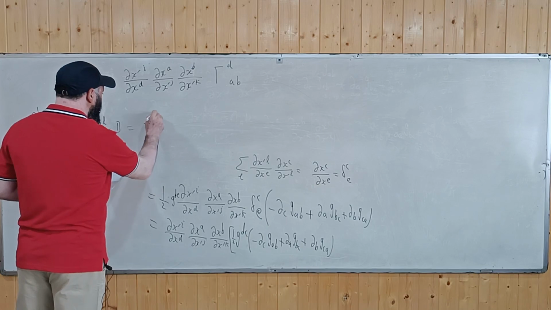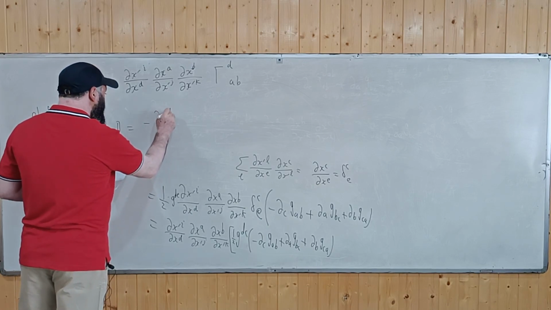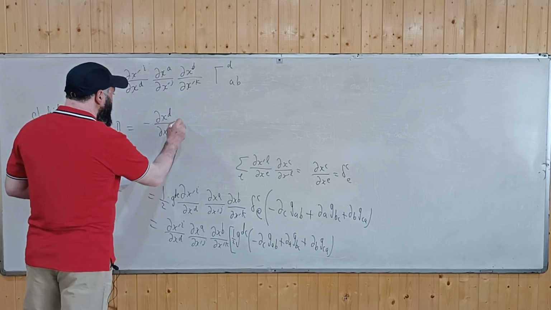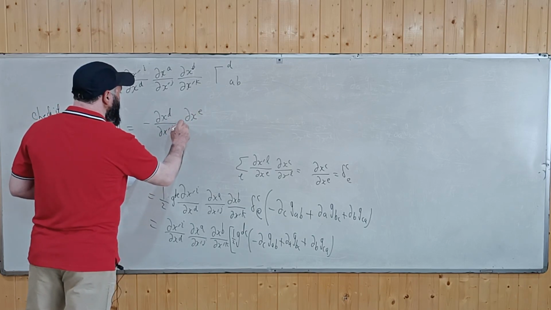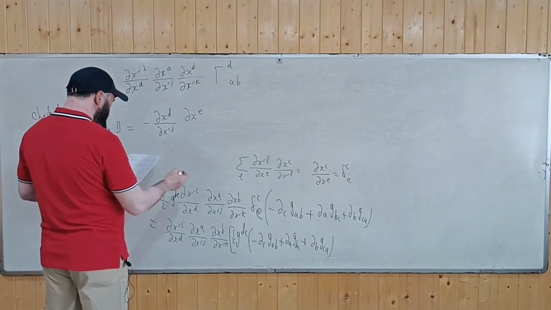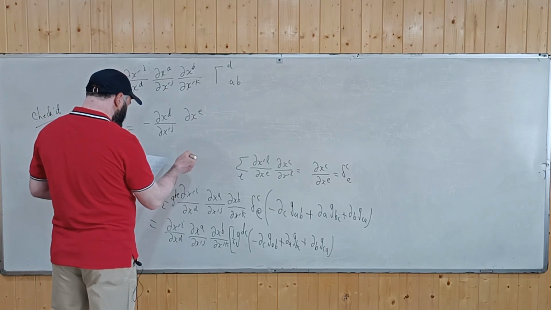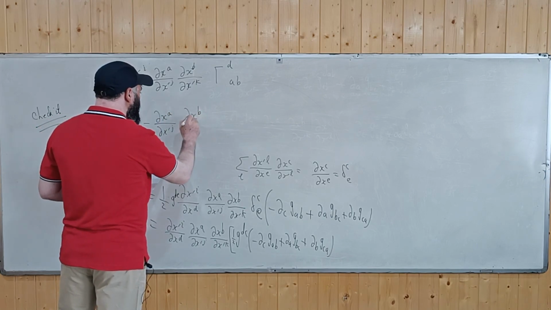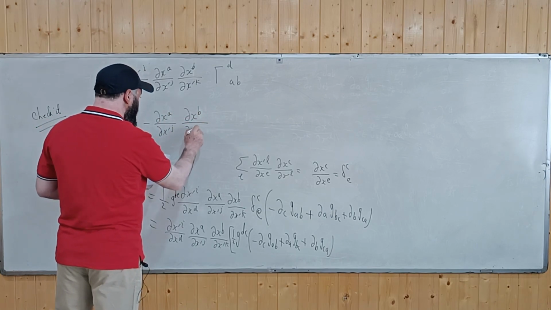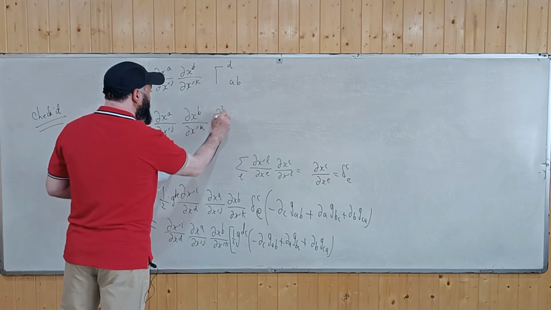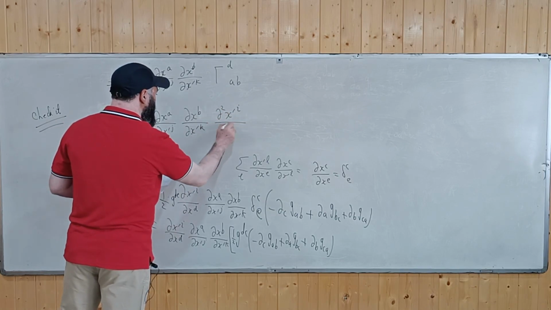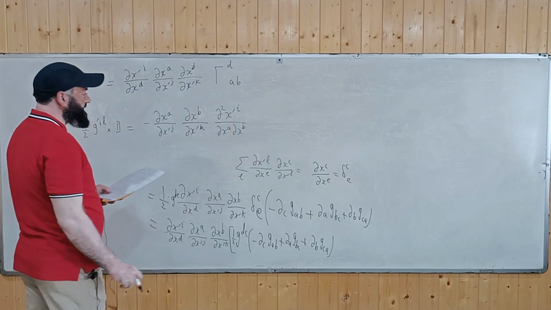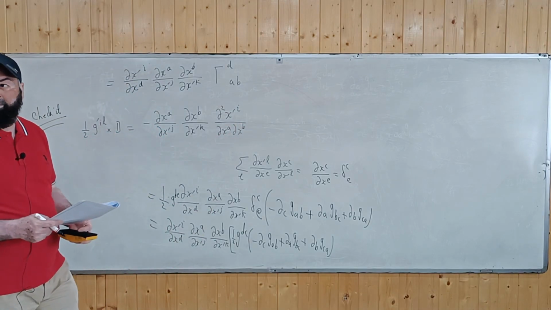It is minus, partial x d by partial x prime j, then partial x e, partial x prime k. Okay, this is the second term giving the result.